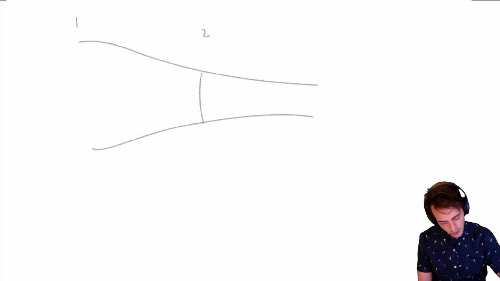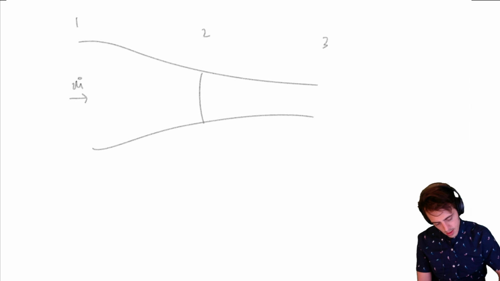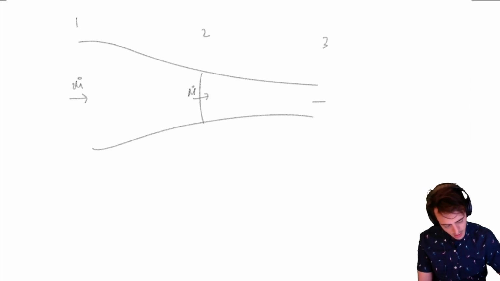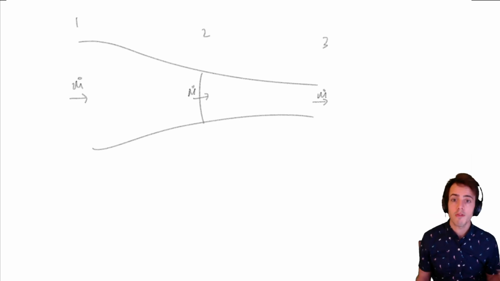Well, let's just think about this. So if we've got our stream tube here at positions 1, 2, and 3, m dot is going to be constant for our model.